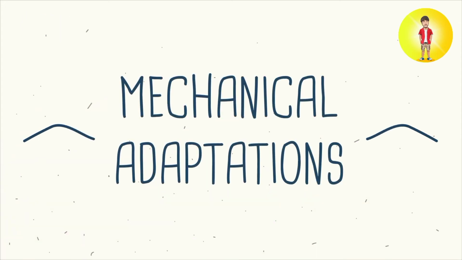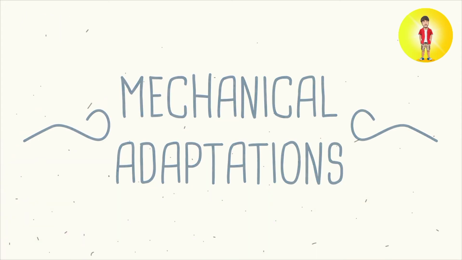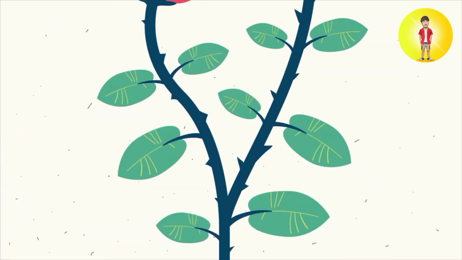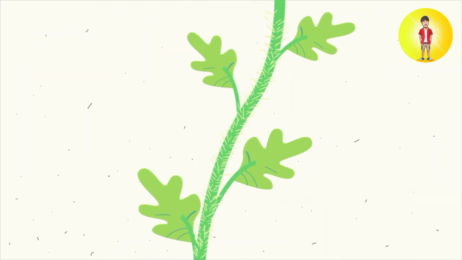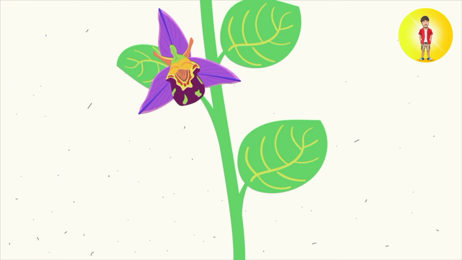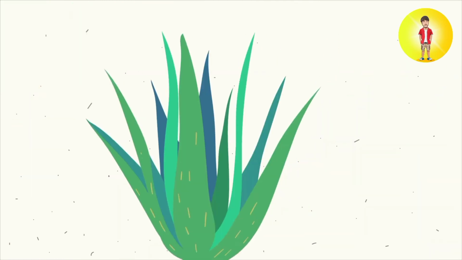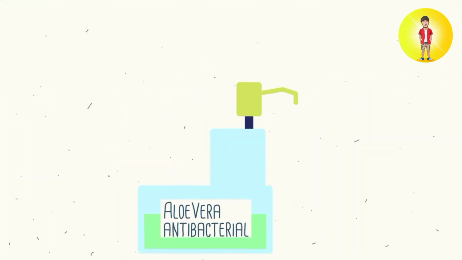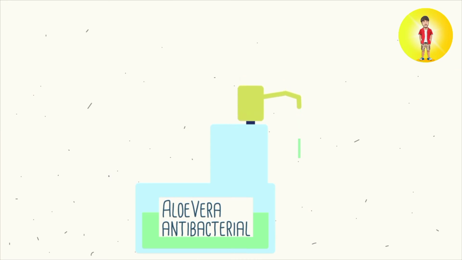There may be mechanical adaptations, such as thorns and hairs, or leaves which droop or curl when touched, mimicry to trick animals.